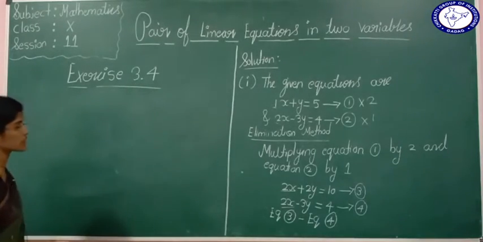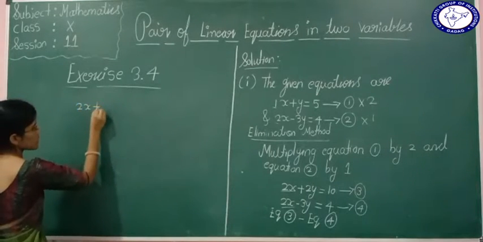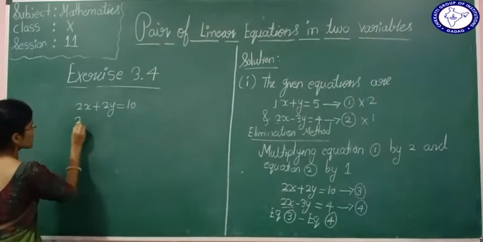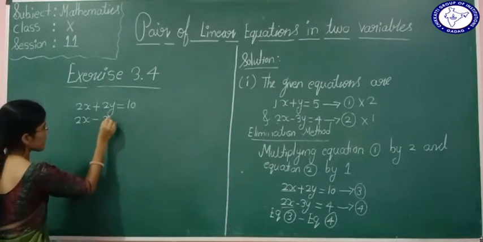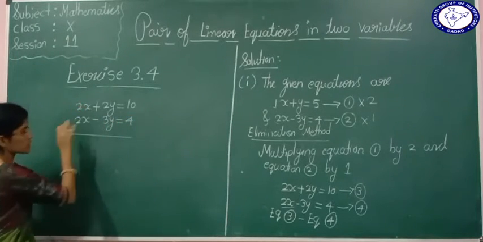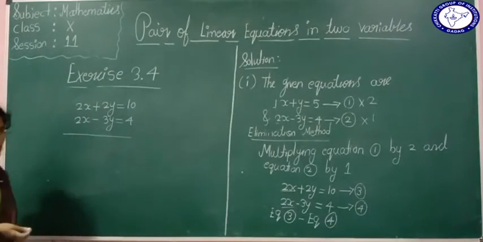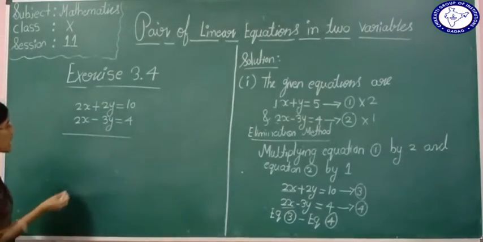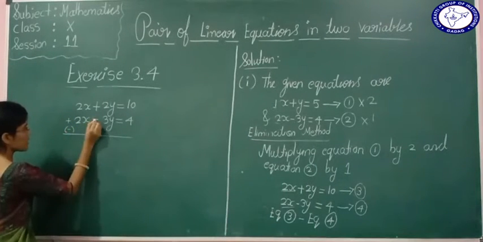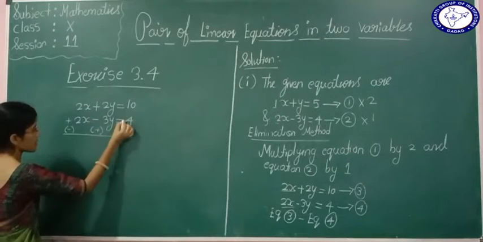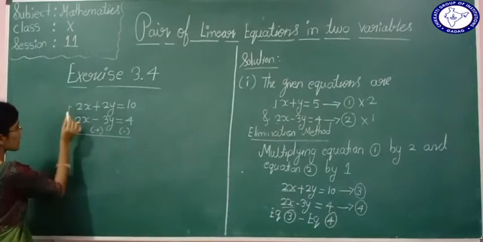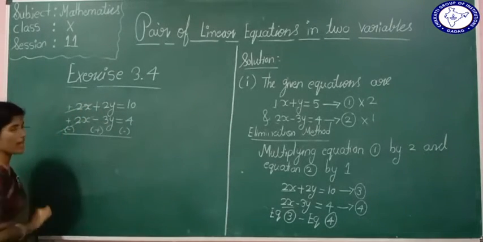So what is equation 3? 2x plus 2y is equal to 10. Equation 4 is 2x minus 3y is equal to 4. I am subtracting equation 4 from equation 3, which means change the signs here. If plus is there, use minus. If minus is there, plus. Now, 2x minus 2x gets cancelled.